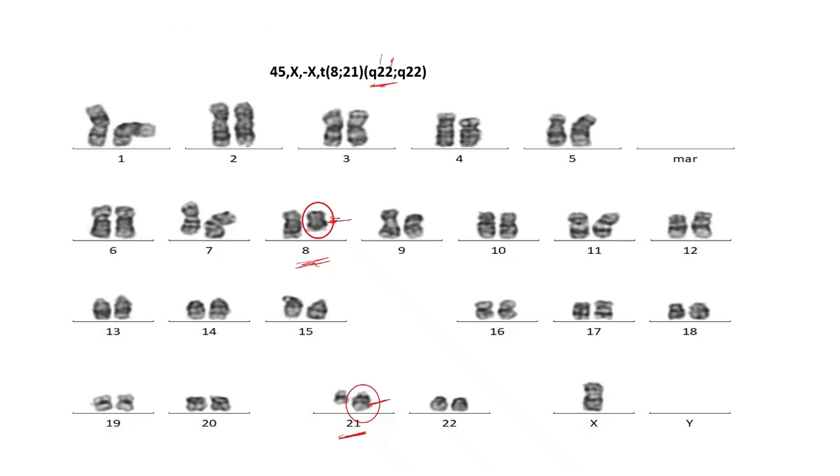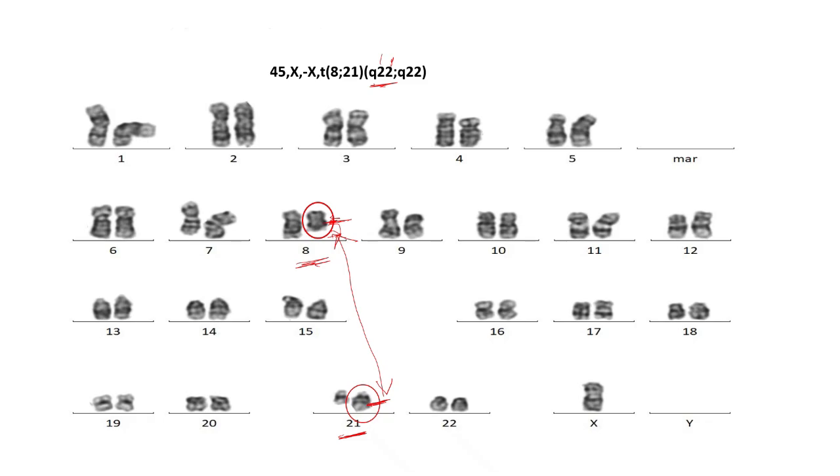Okay, so there is a break at chromosome 8 q22 here, and there is a break at chromosome 21 q22 here. So the broken parts will be exchanged between chromosome 8 and 21. There is a break here, and the remaining terminal part moves to chromosome 21, and there is a break here at chromosome 21 q22, and the terminal part goes and attaches to chromosome 8.